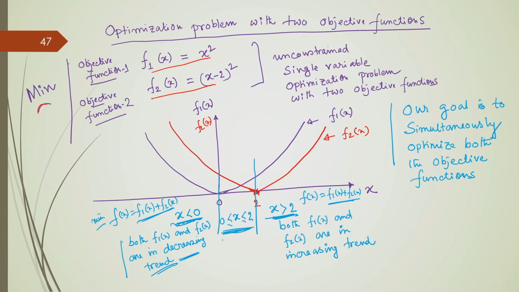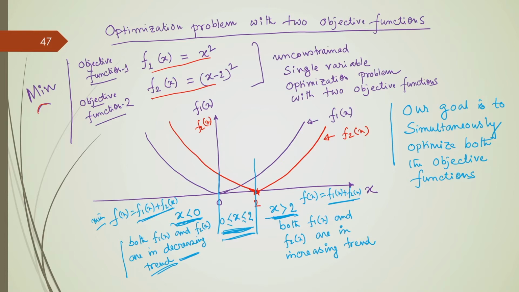But in this region, when x is in between 0 and 2, since both the objectives are in opposite trend, one is increasing with respect to this variable, another is decreasing with respect to that variable, then we cannot simply aggregate the two objective functions and tell that whatever solutions we are getting is the optimal solution. We can't. Why can't we? Because both are in opposite trend and will conflict with each other.